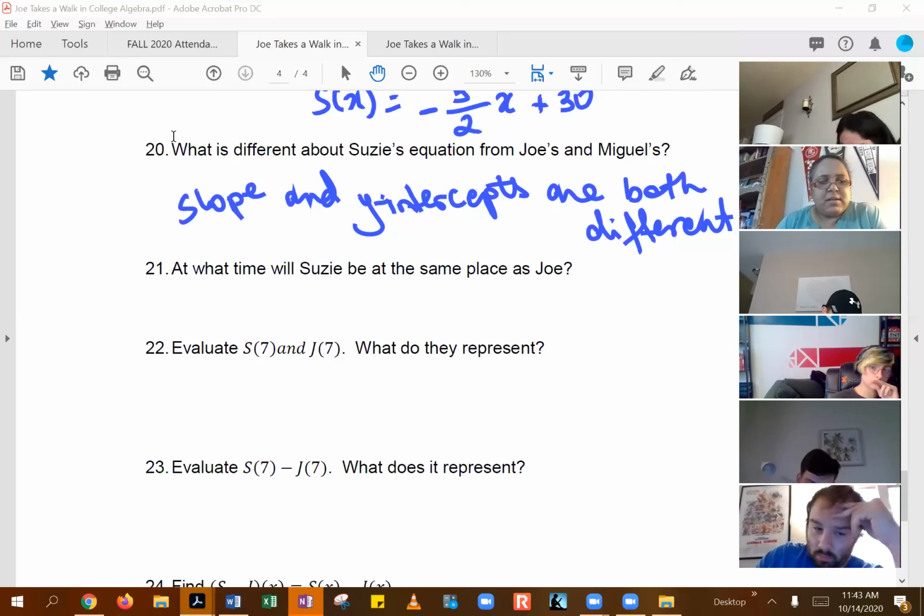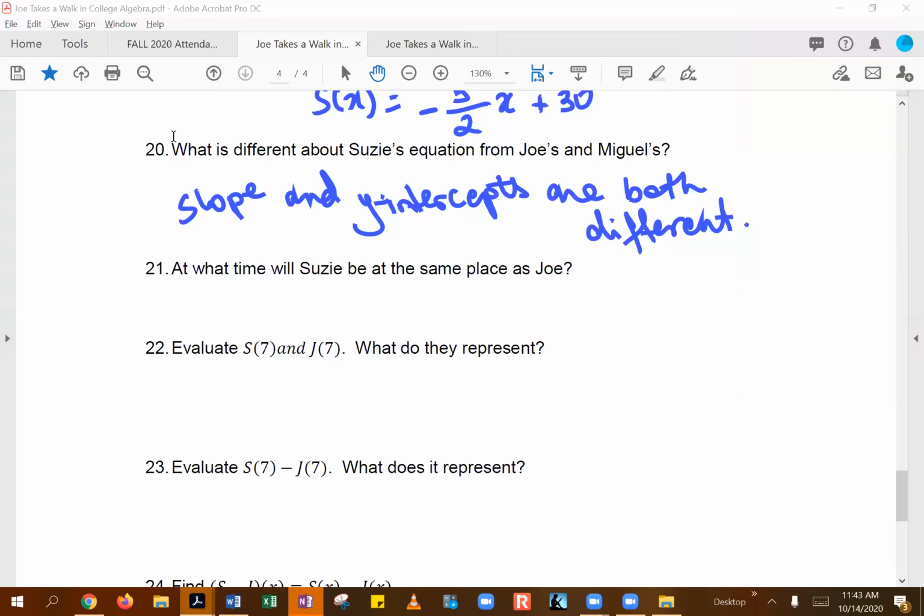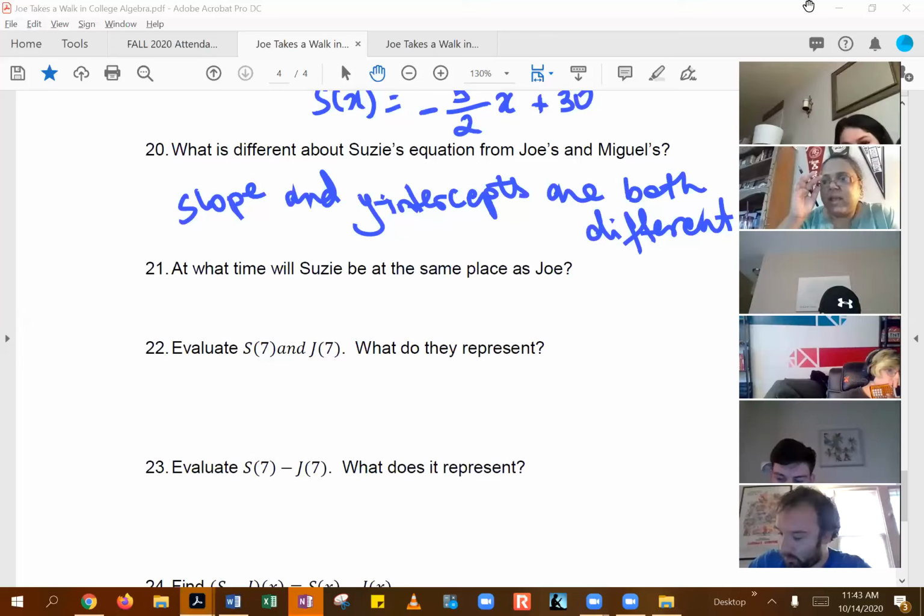Caitlin, you've got 9. I set the equations equal to each other, and then I was just about to go through and double check to make sure it comes out right. Okay, alrighty. And looks like Braden, you also came up with 9 minutes. So Maya, looks like right now you have the different answer.